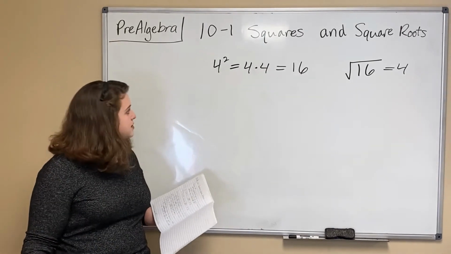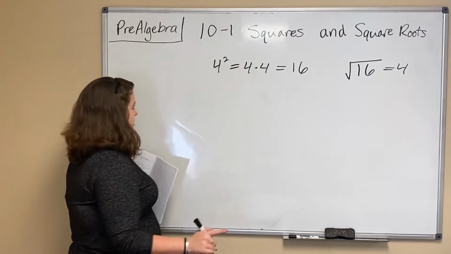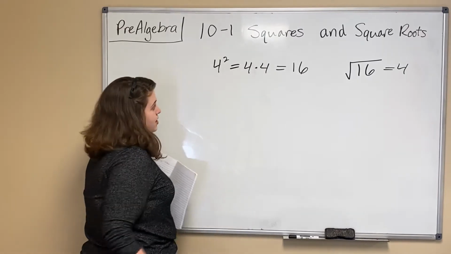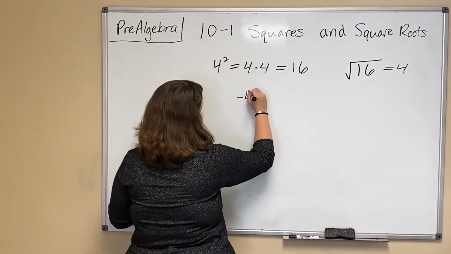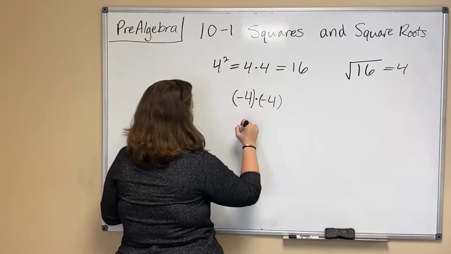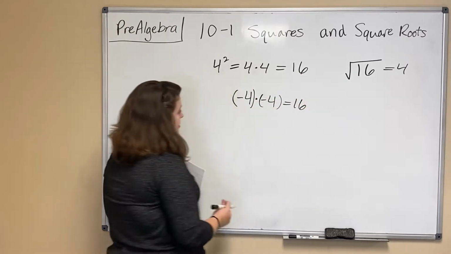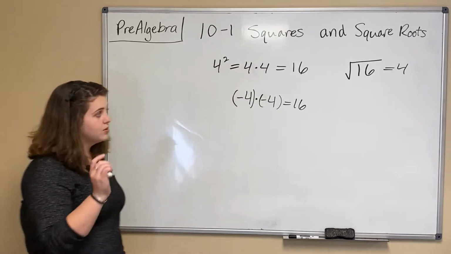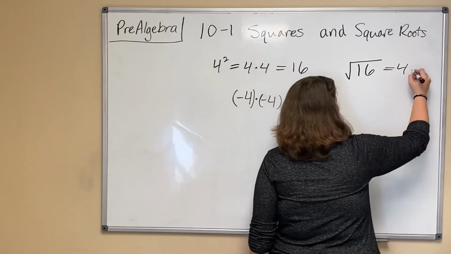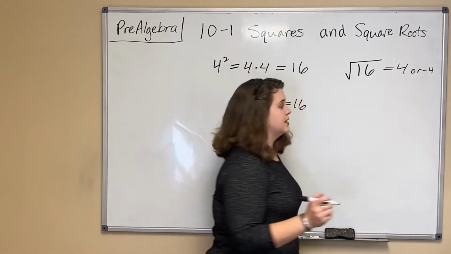Hopefully that's making sense. One thing that's really important with square roots is you see 4 times 4 is 16. So is negative 4 times negative 4, right? Because 2 negatives equal a positive. So the square root of 16 could equal 4 or negative 4. And we write that like this.